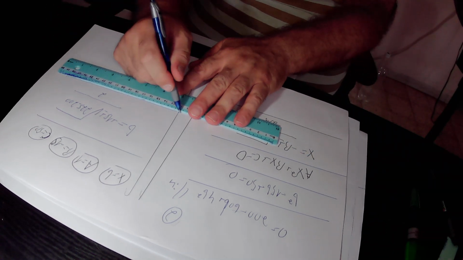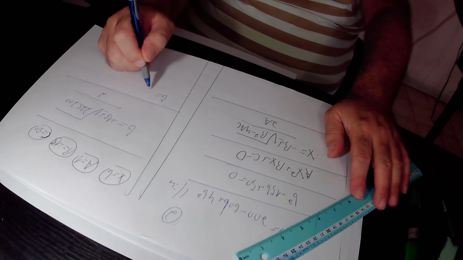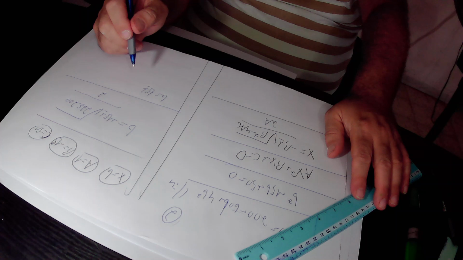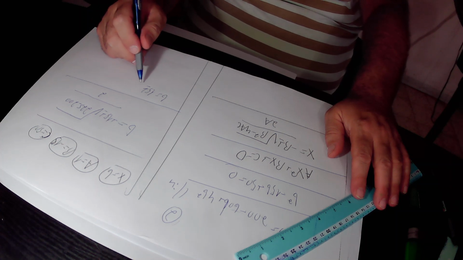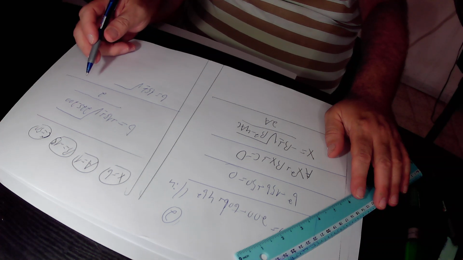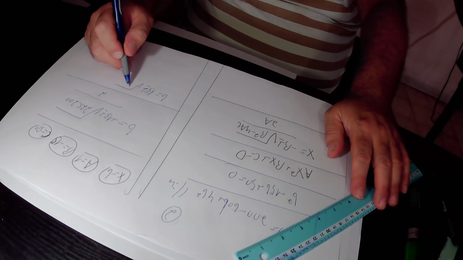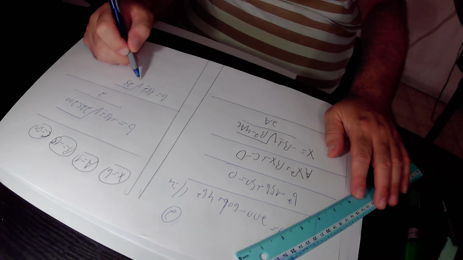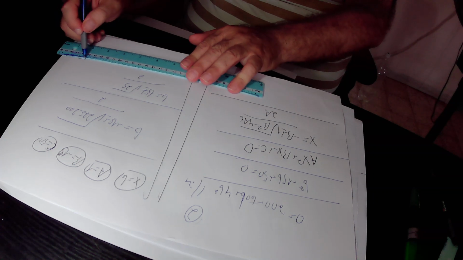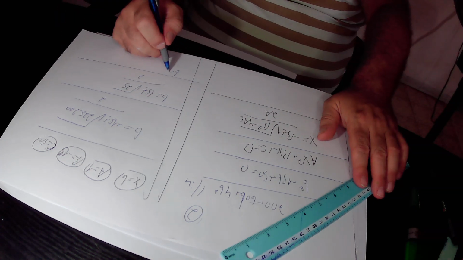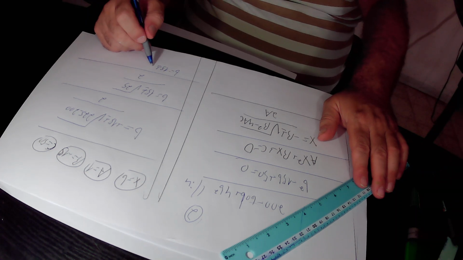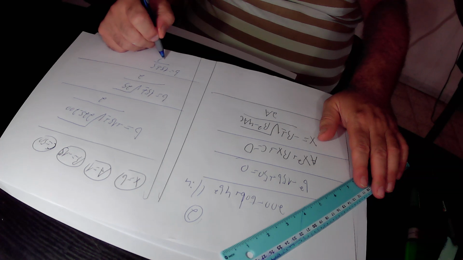So we found that b equals 15 plus minus the square root of 25, over 2, and the square root of 25 is 5, over 2.